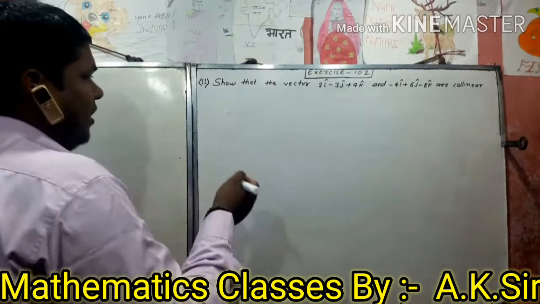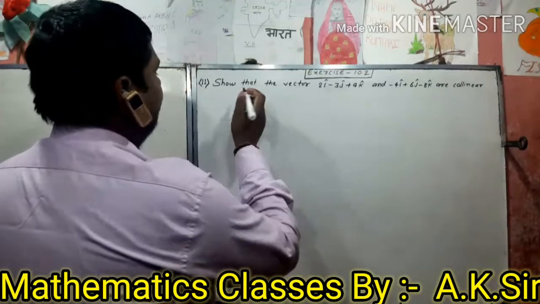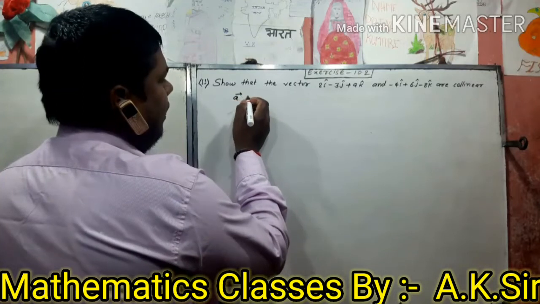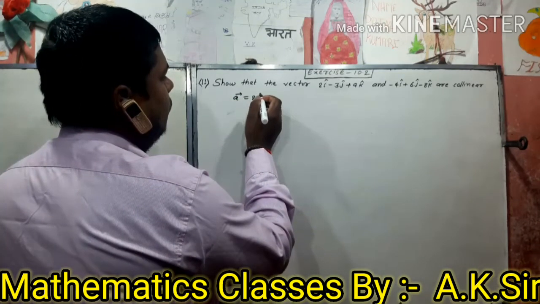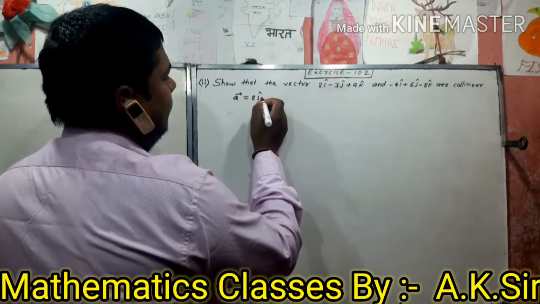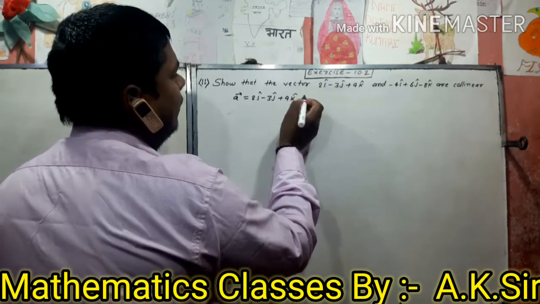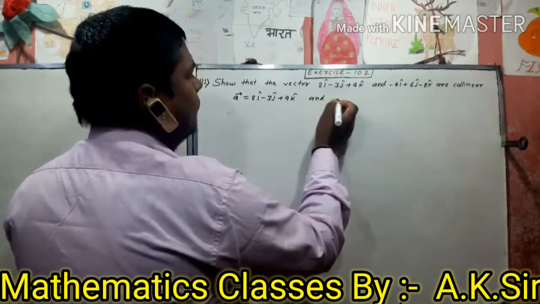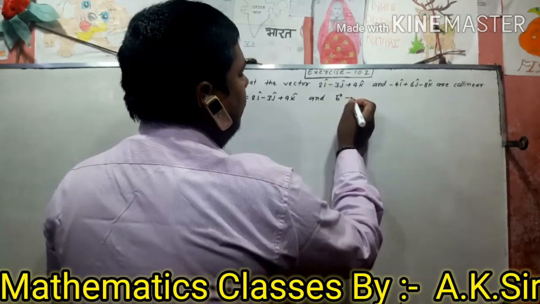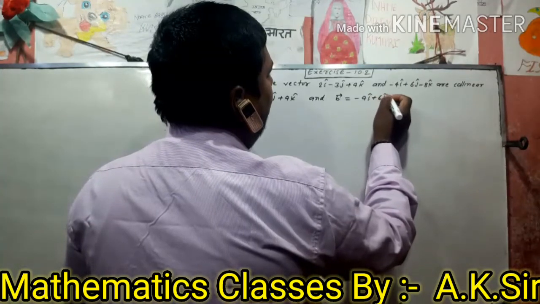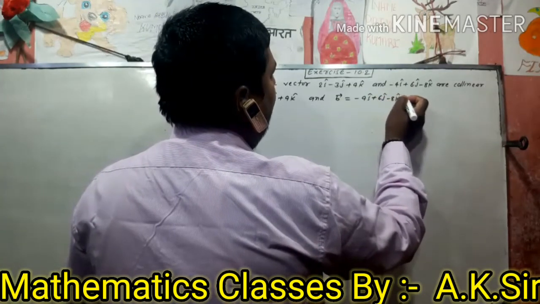Let the given vectors be A and B. A vector is equal to 2i cap minus 3j cap plus 4k cap and B vector is equal to minus 4i cap plus 6j cap minus 8k cap.